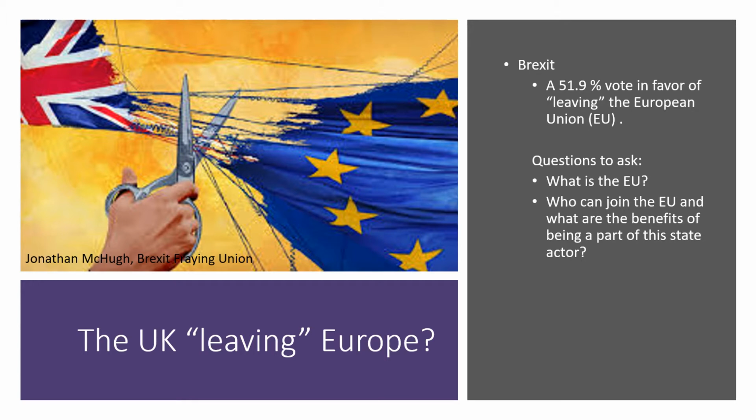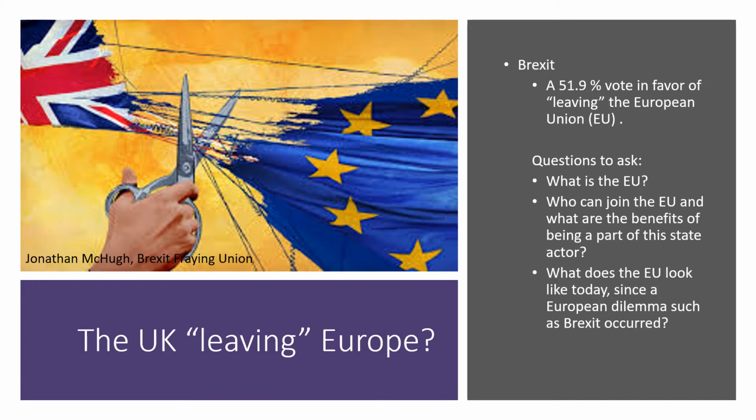And if there were benefits of being part of the Union, then why did such a European dilemma as Brexit occur? In that a country, a very powerful trading country, keep in mind, decided to disassociate itself with many different member states that are built towards European integration.